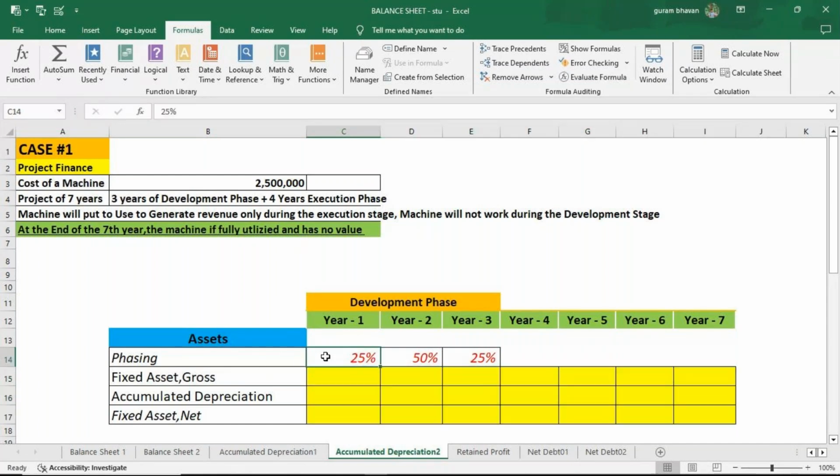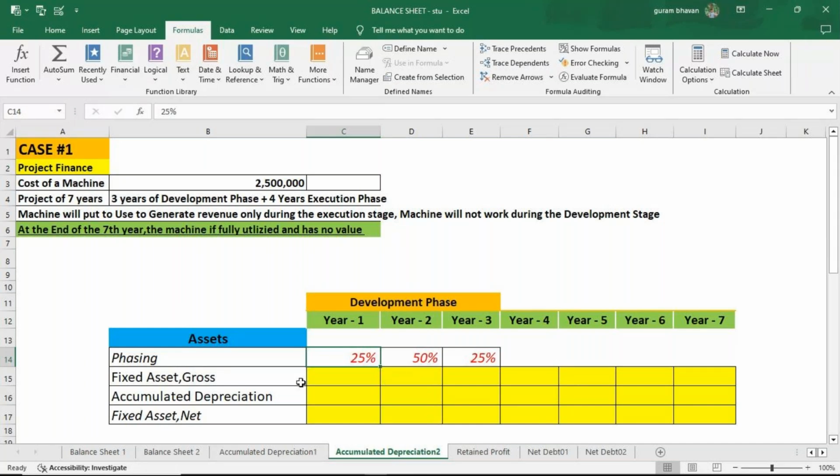So they are telling the phasing: 25% of the installation process is done in the first year. Second year, 50% I have covered, that means 75% is done. In the third year, 100% of that installation or development of that machinery is completely done. From the fourth year onwards, I am going to make use of that machinery.